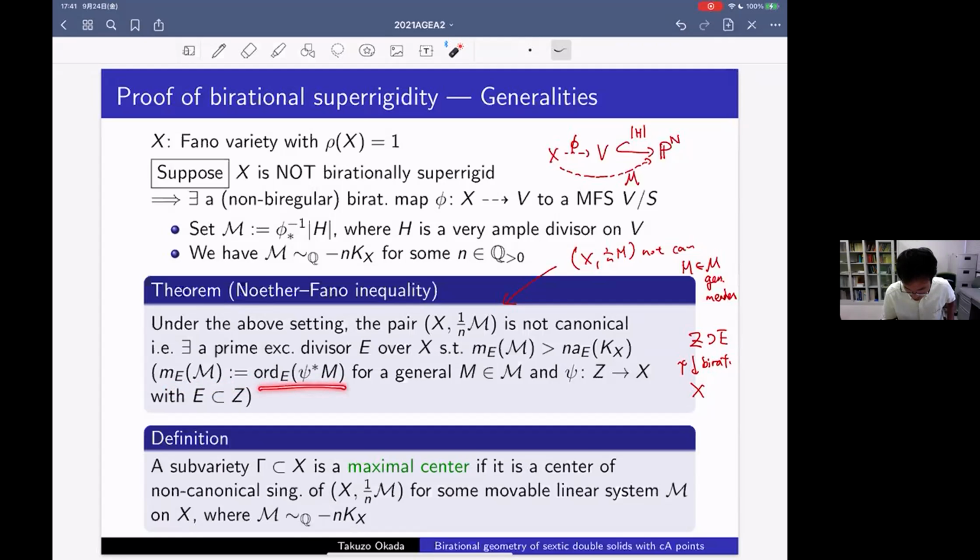This n is this n, and a_E(K_X) is the usual discrepancy along E. This inequality is called the Noether-Fano inequality. So roughly speaking, if X is not superrigid, then there exists a linear system which vanishes along some locus to high order.